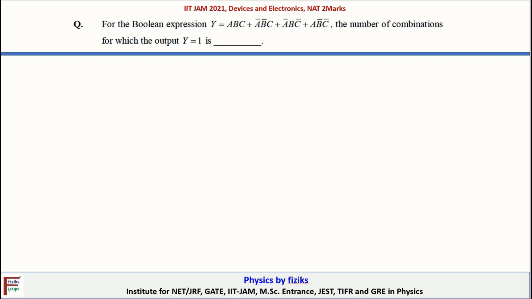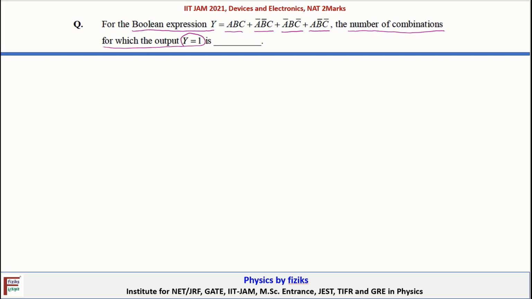In this question, it is given that for the Boolean expression Y, that is ABC or A bar B bar C or A bar B C bar or A B bar C bar, we have to find the number of combinations for which output Y is 1.